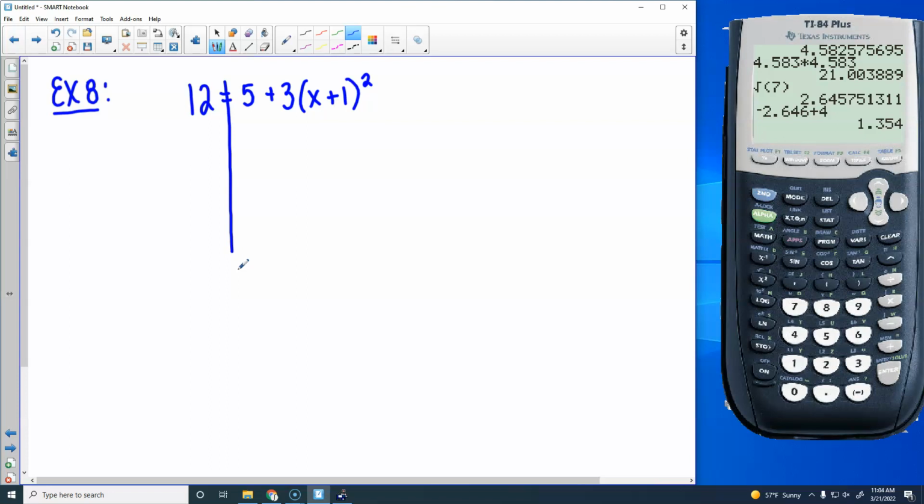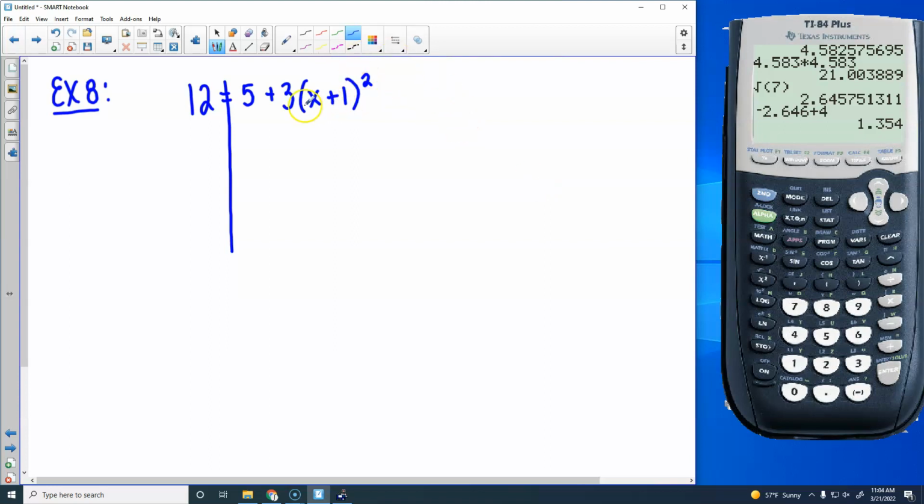So Ayla, what would we do first trying to get that x by itself on this right hand side? If there were any like terms, we would combine them. But the 5 and the 3 cannot be put together. We're eventually going to do that.